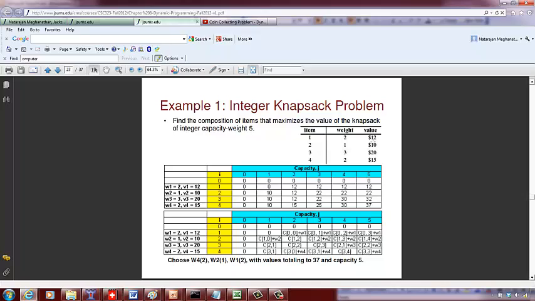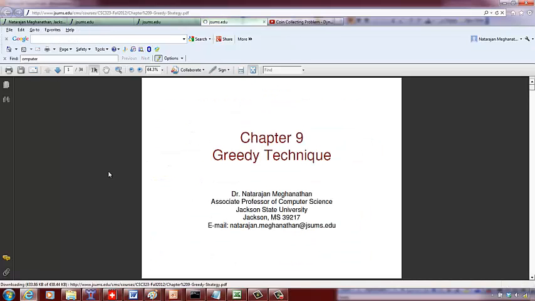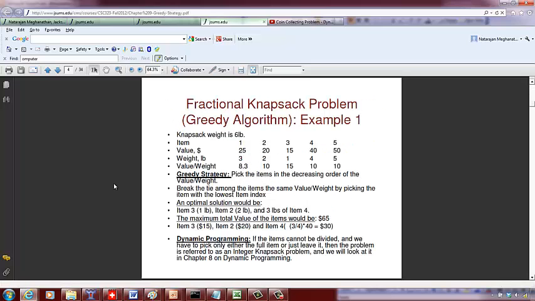Okay, so this is the dynamic programming version of the integer knapsack problem. Now you can also do a greedy version of it, which is what we did in class also. So let me see if I can pull that up. If you remember this example, you are given 5 items with values and pounds.